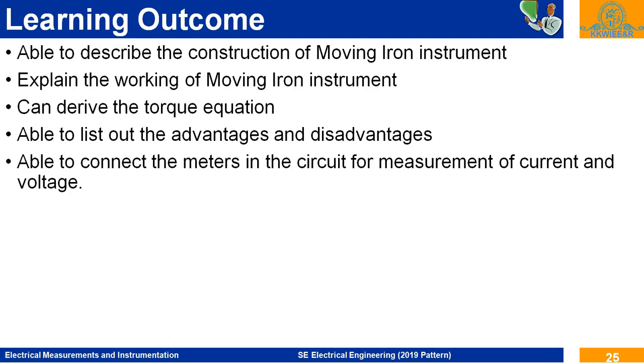A small amount of current is flowing through this coil, so a series resistance is connected in series with this coil. So you can use this instrument for current and voltage measurement purposes.